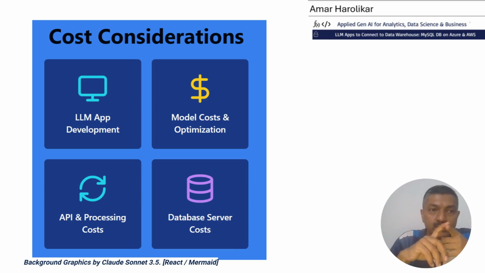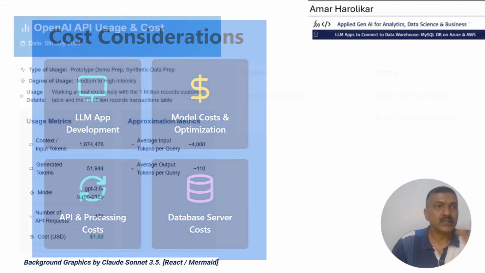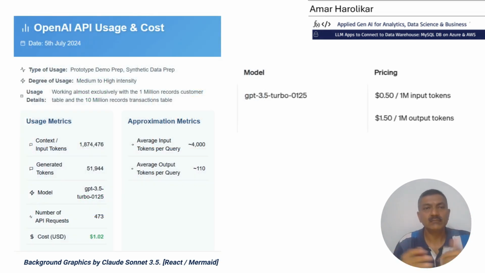I was working exclusively with the 1 million customer dataset and the 10 million transaction dataset, creating that synthetic dataset and doing all sorts of things. This effort lasted around 10 hours a few days back, and that resulted in approximately 470 API requests.